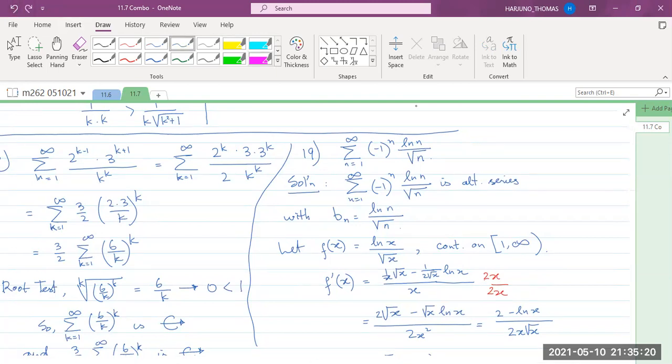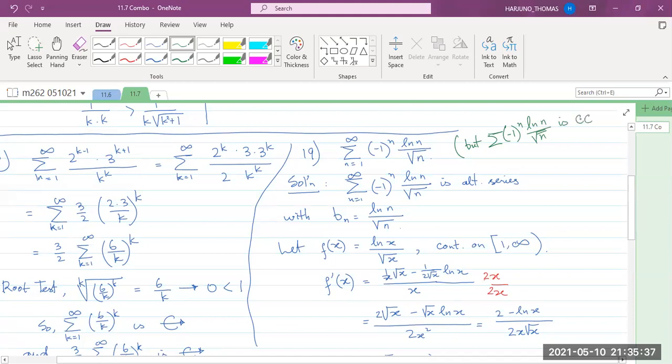The way you study: every time you see an alternating series, ask yourself, is it conditionally or absolutely convergent? Okay, that's for number 19.